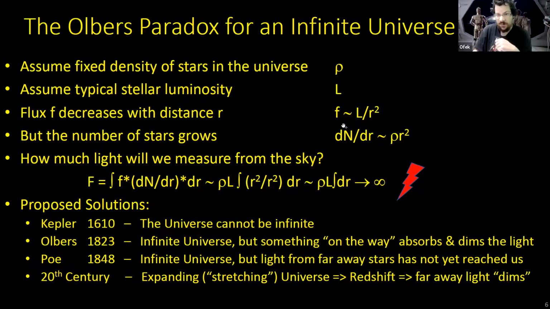The flux from each of them will decrease like r squared, which means if you want to calculate the full flux you can measure at the Earth from the entire universe, you will do that by integrating over r from 0 to infinity the number density of stars you accumulate at radius r times the average flux of each of those stars, which is L over r squared.